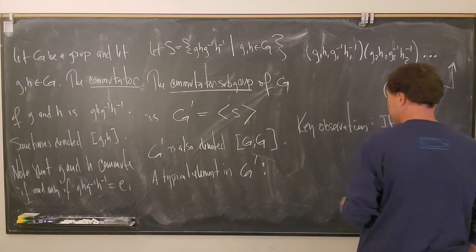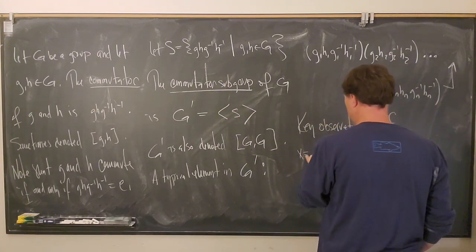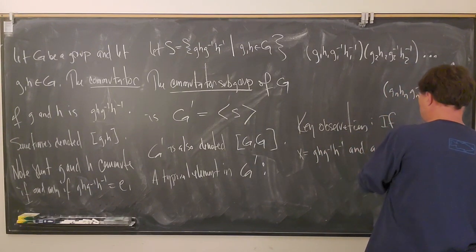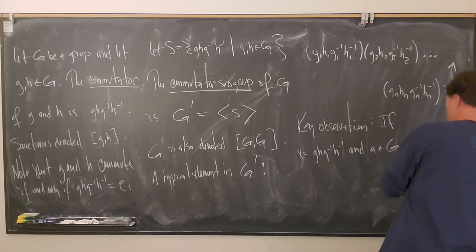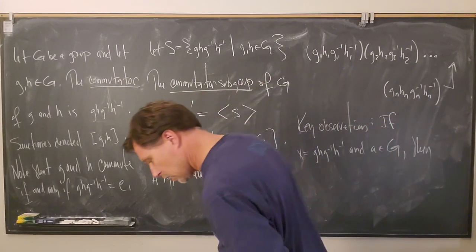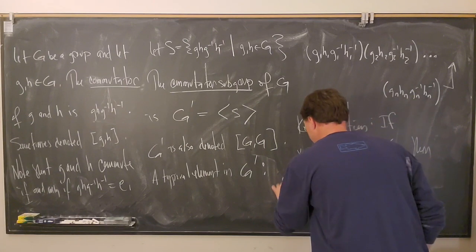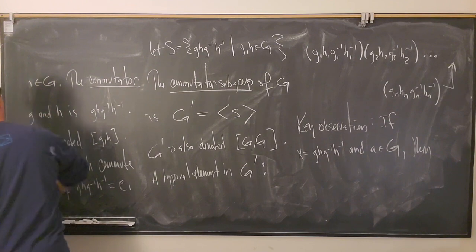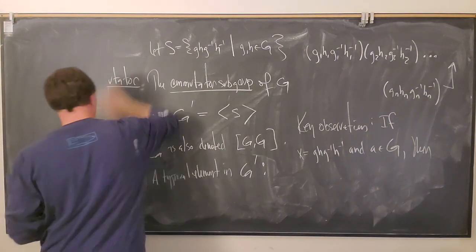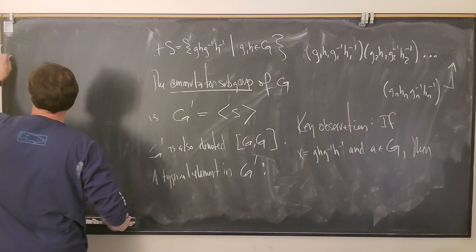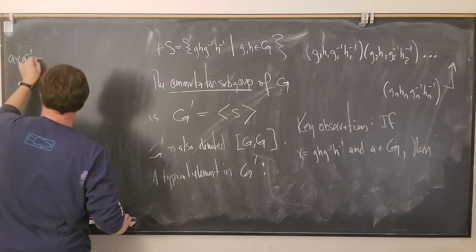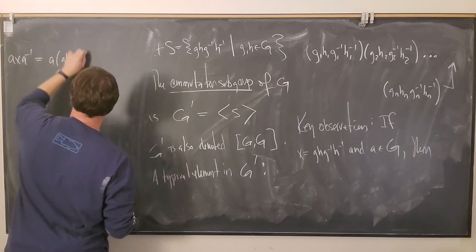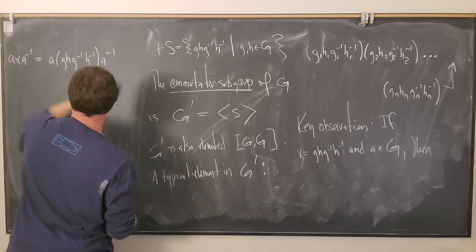If we take a commutator, so if X equals GH G inverse H inverse, and A is anybody in G, then A X A inverse is A times GH G inverse H inverse times A inverse.